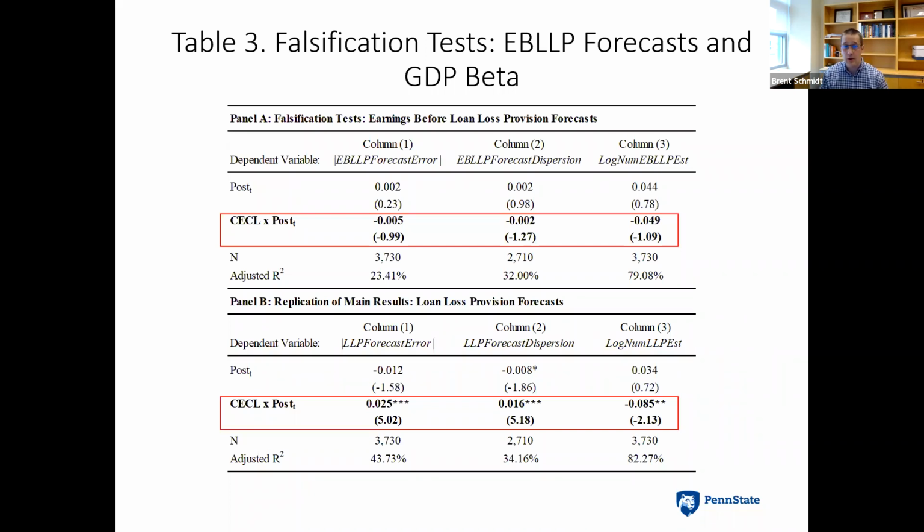And to be clear, when we construct these measures, one possibility is that we could estimate what the pre-provision forecast would be. If we know what net income is and what the provision is, we could calculate the implied pre-provision forecast ourselves. We don't actually go through that exercise.